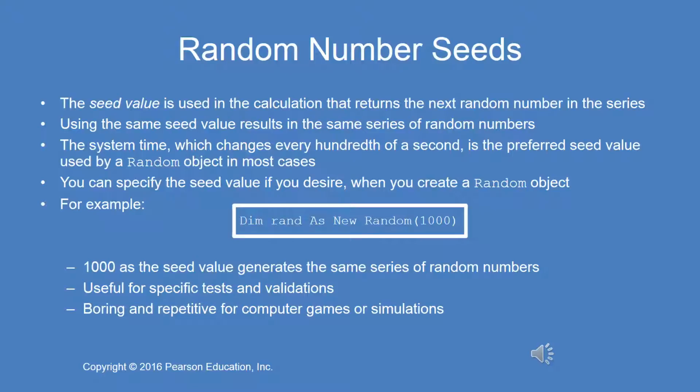But I'll get off my high horse right now, and we'll just finish this section on random numbers. Here's how you declare a rand object as a new random with a seed of 1,000. And that 1,000 as the seed value generates the same series of random numbers. I guess it's useful for specific tests and validations.